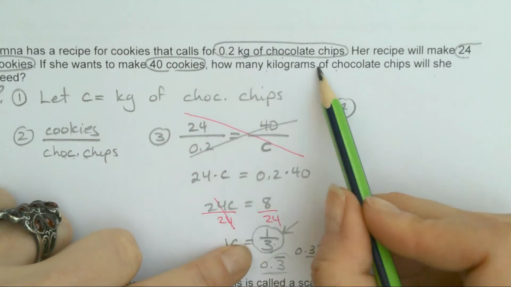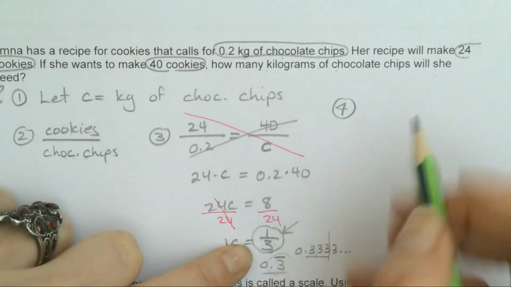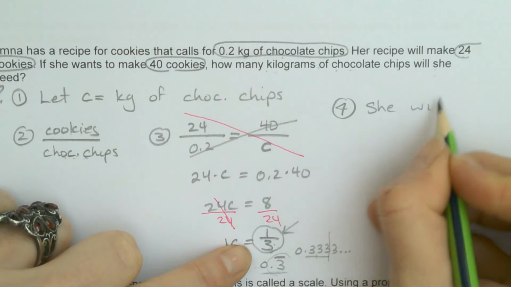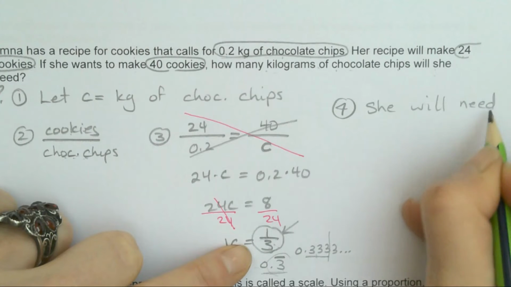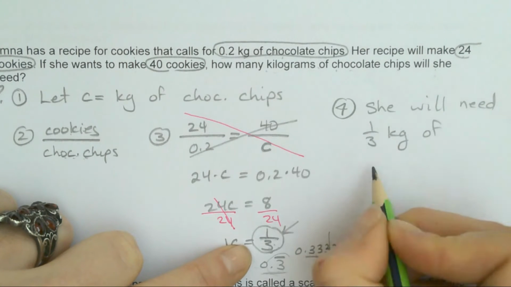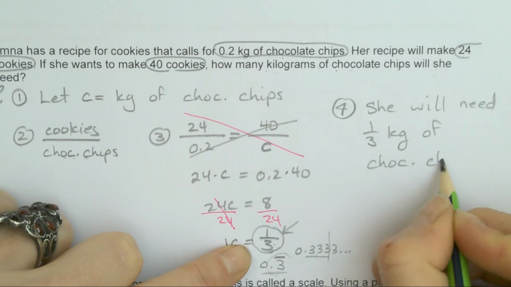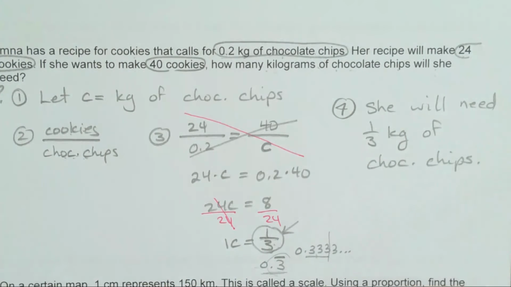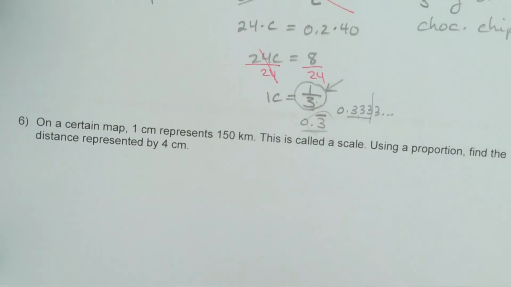How many kilograms of chocolate chips will she need? She will need 1/3 a kilogram of chocolate chips. There. Okay, let's do number 6.